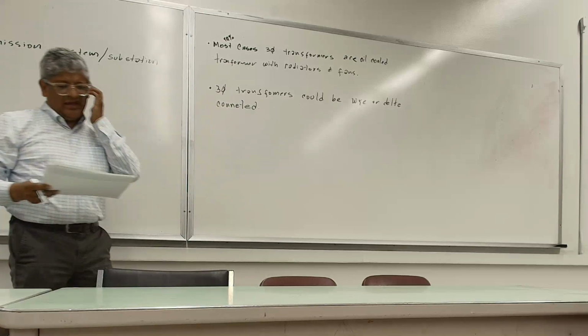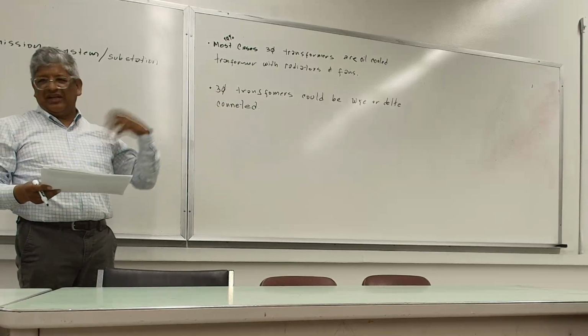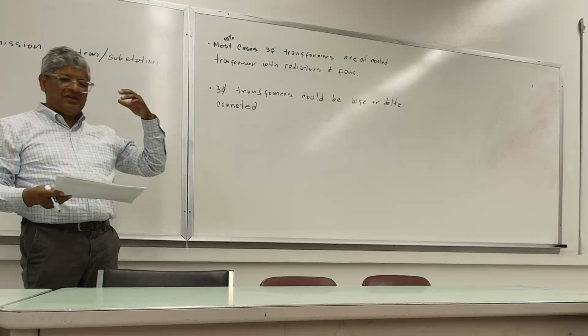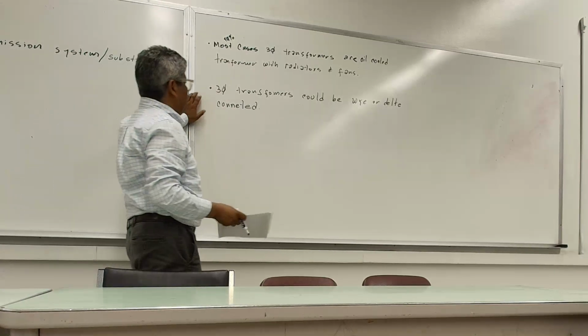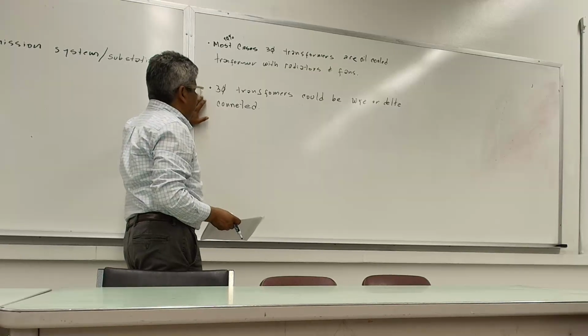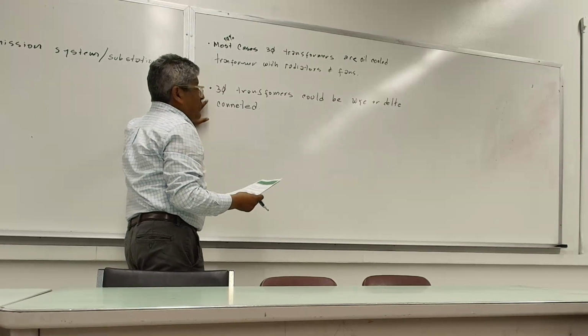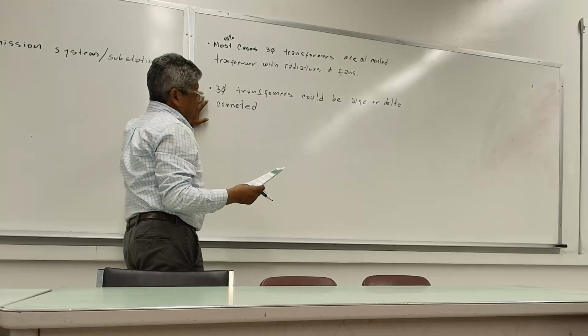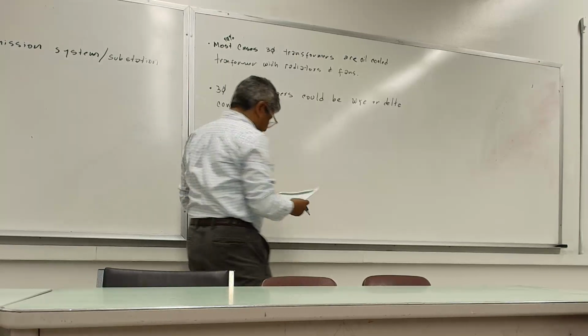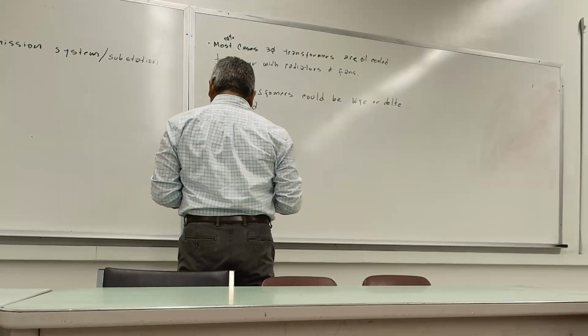So then they can be Y or delta connected, they can be YY, they can be Y delta, they can be delta Y, they can be delta delta. So with the Y and the deltas you can make different connections depending on the application, depending on the design of this transmission system. That's basically what we do.